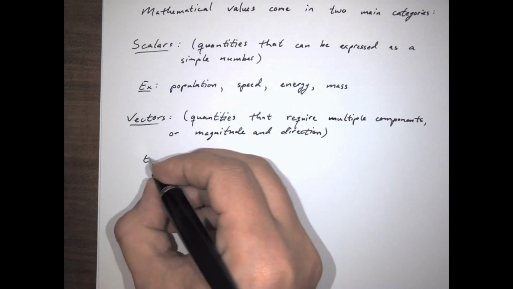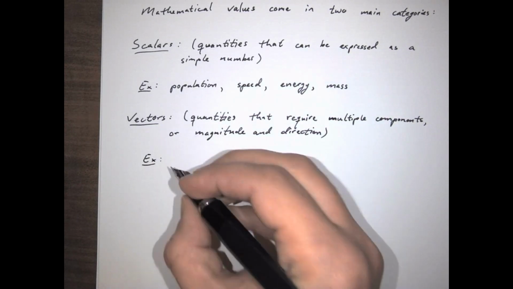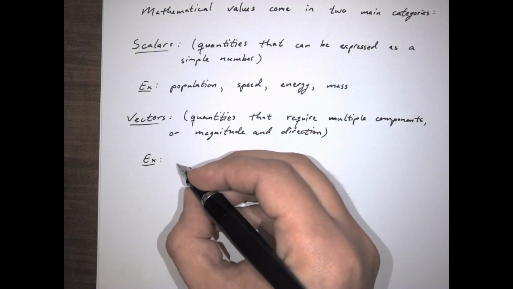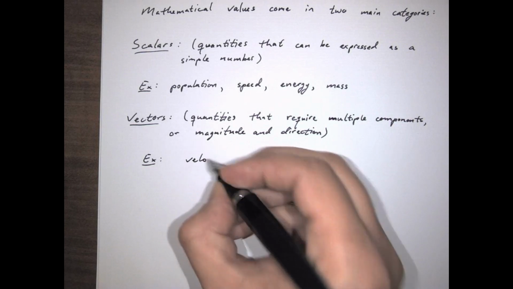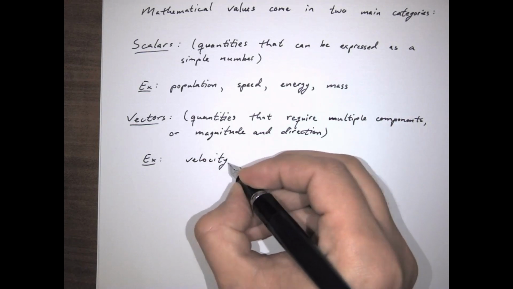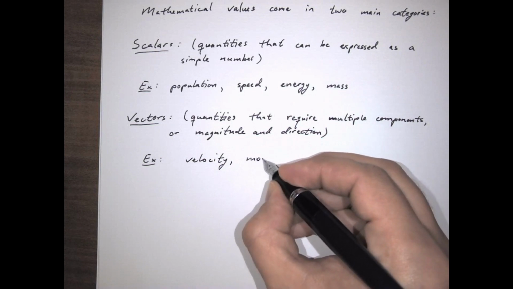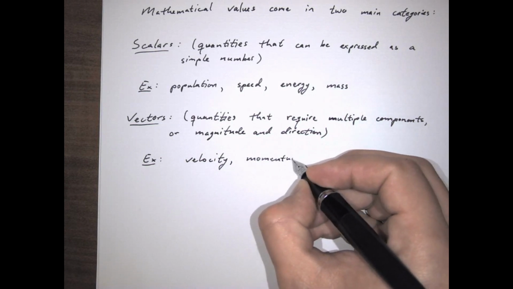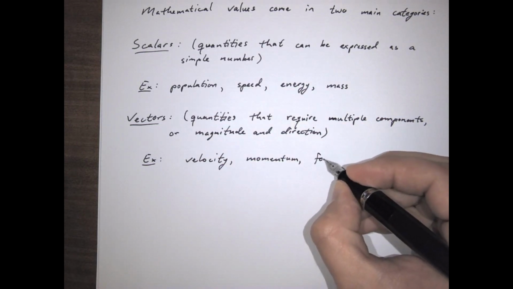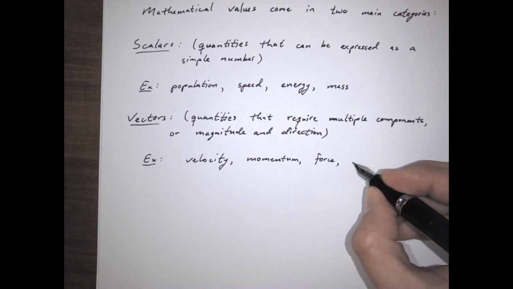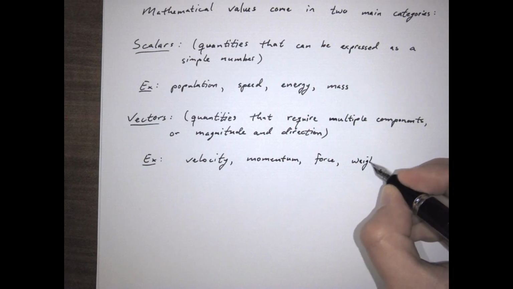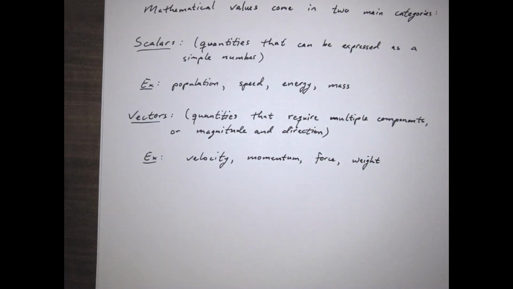And examples of this would be, instead of speed, there's the related but slightly different physical quantity velocity. Momentum, force, or weight, which is another form of force. So these are all slightly different quantities from their scalar counterparts, and they require you to also specify the direction of action.